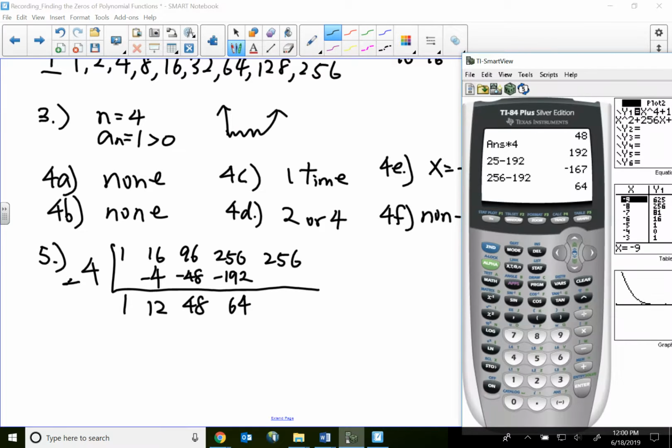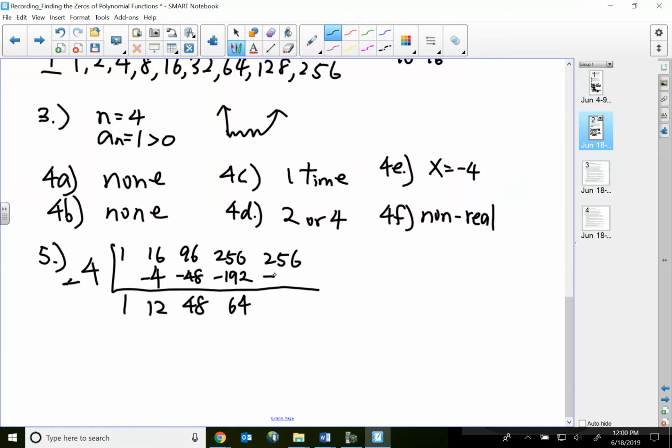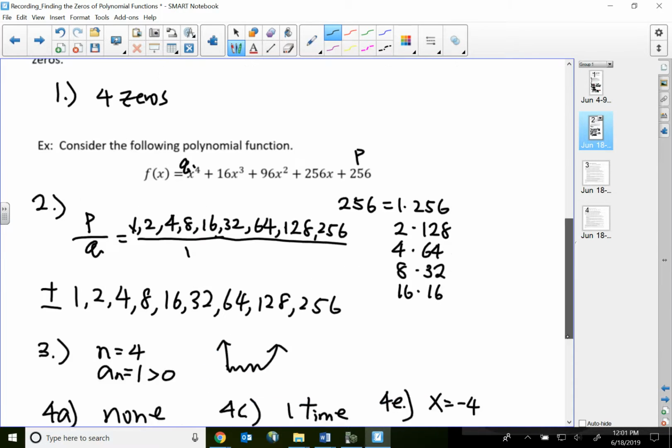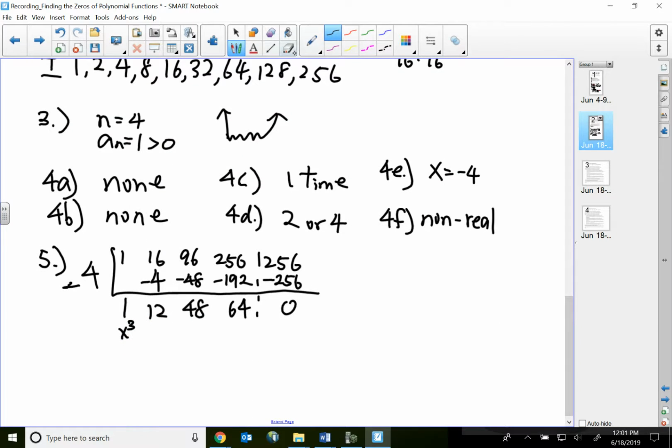And negative 4 times 64 is negative 256. In synthetic division we add, so that will be 0. So this 1 right now actually means 1x to the third. In order to go down to quadratic, which is x squared, I need to do synthetic division one more time.